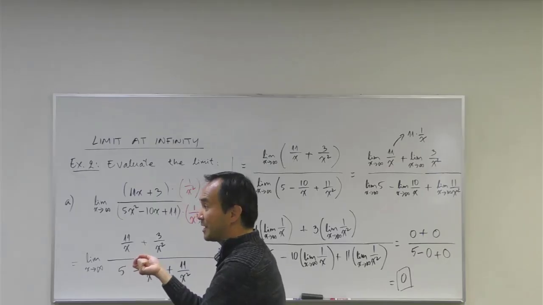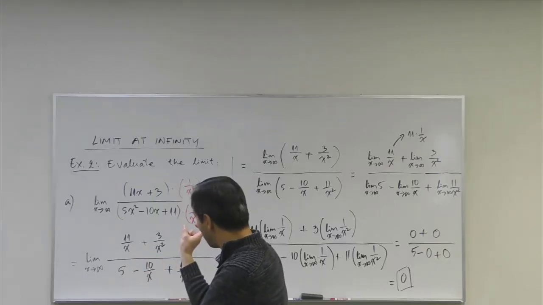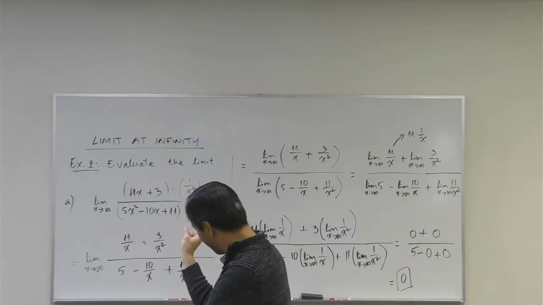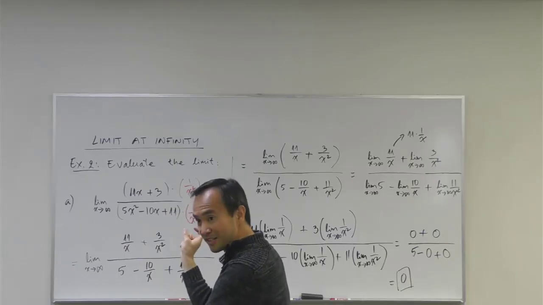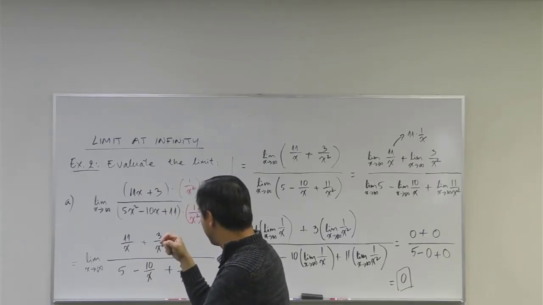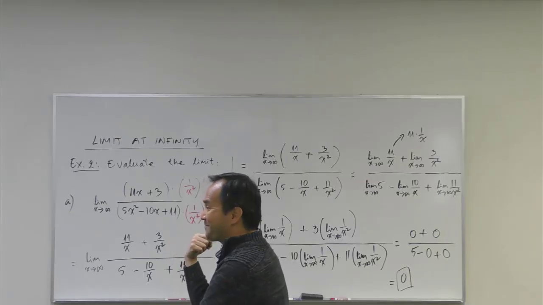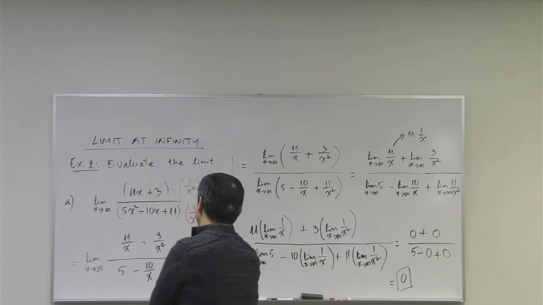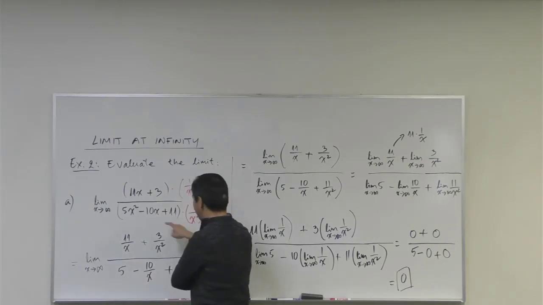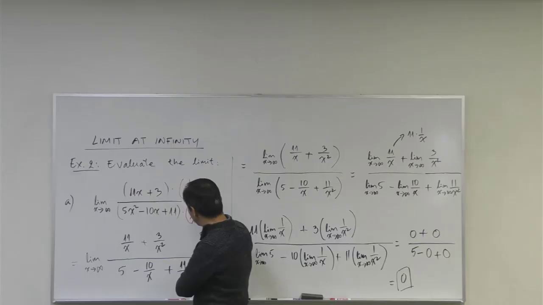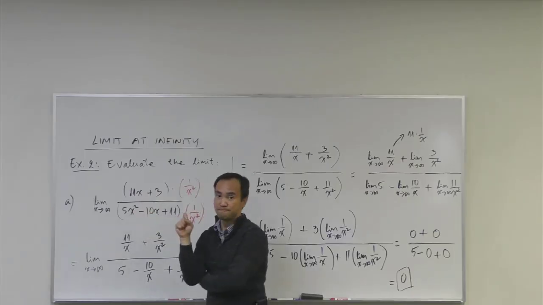You look right at that 5x squared term, and that term has the power 2, and that's the highest power. So that's what made me decide to do so. For this problem I multiply by 1 over x squared because the highest power in the denominator is 2. Sounds good?